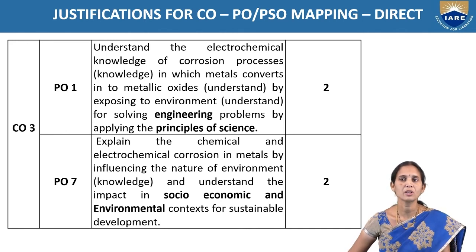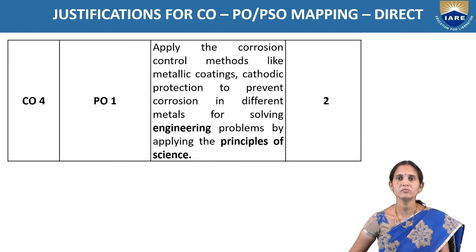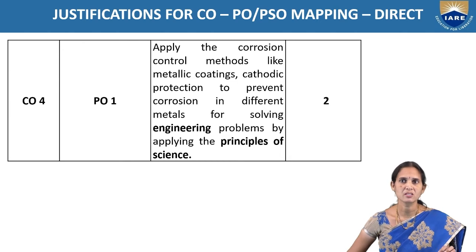So we have given number of vital features to CO4, PO1, mapping to PO1. Apply the corrosion control methods like metallic coatings, cathodic protection to prevent corrosion in different metals for solving engineering problems by applying the principles of science. So CO4 we are taking, that is, apply the corrosion control methods.